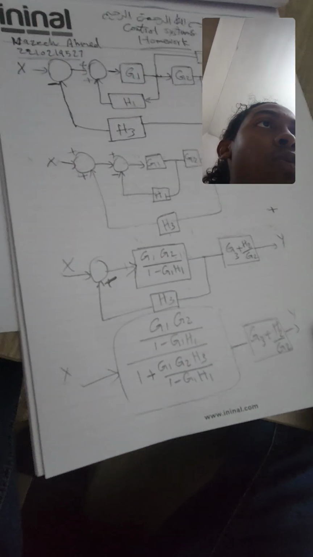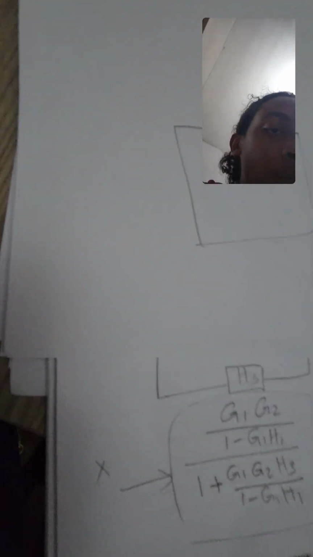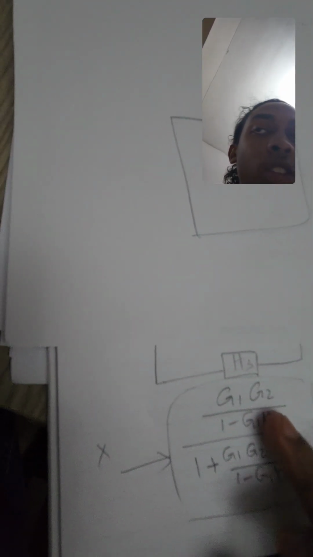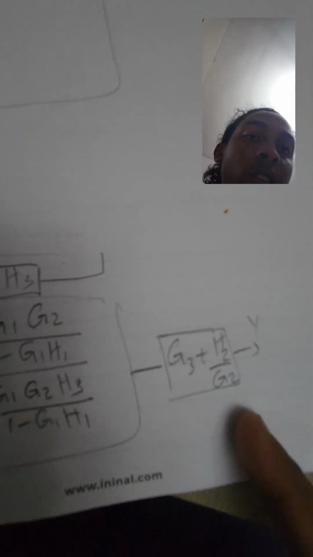So we have our last block like this. We have G1 G2 over 1 minus G1 H1, and this denominator, and we have this, so it's going to be added like this.